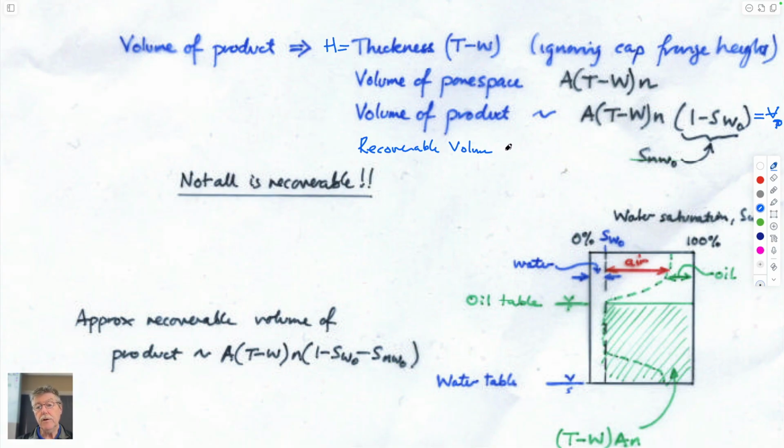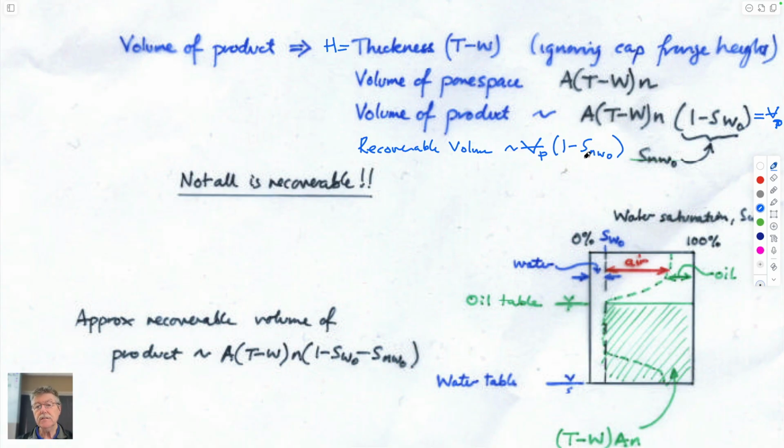VP, the recoverable volume would be equal to the volume total times 1 minus this is the oil that's left, gasoline that's left in the aquifer because it doesn't come out.